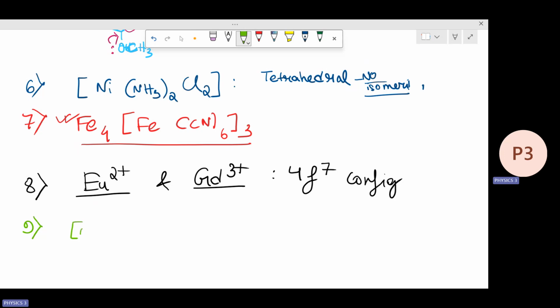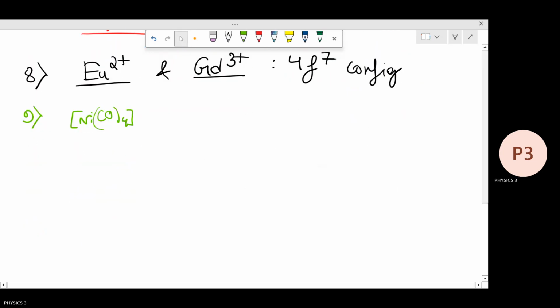First of all, let us start with nickel, Ni(CO)4. Students, Ni(CO)4 is directly a complex which will become an outer orbital complex due to the presence of 4 CO. It will act as an outer orbital complex, and that's why it will be giving me sp3. Since nickel does not have any oxidation state of 2+ or something, it can't make an inner orbital complex, so hybridization will be sp3.